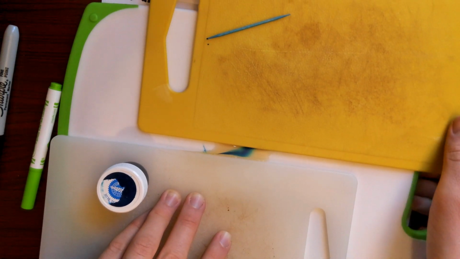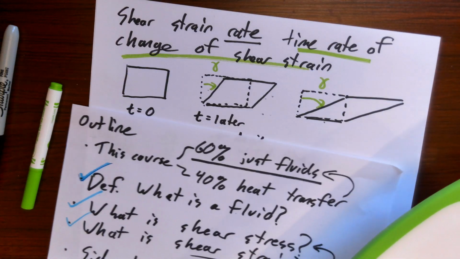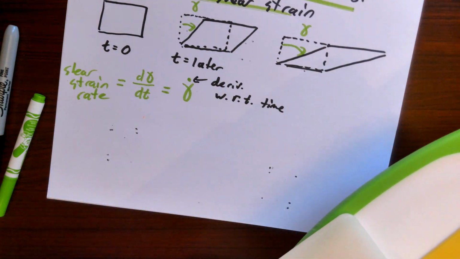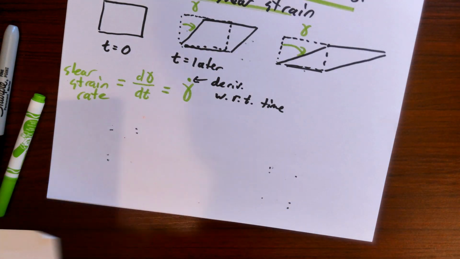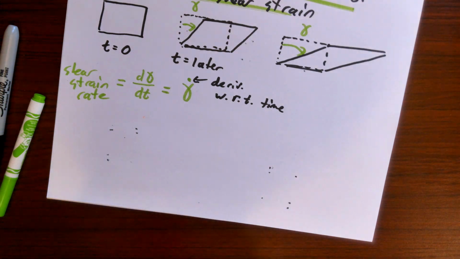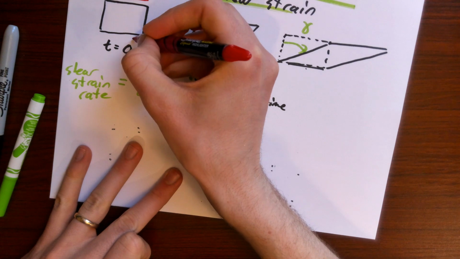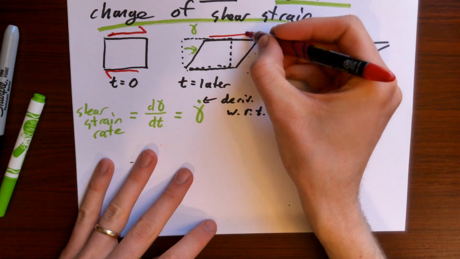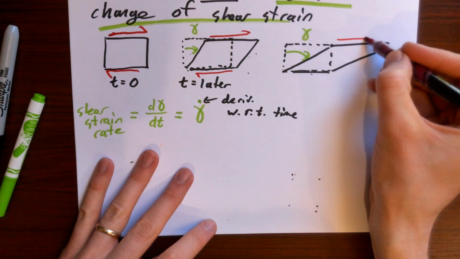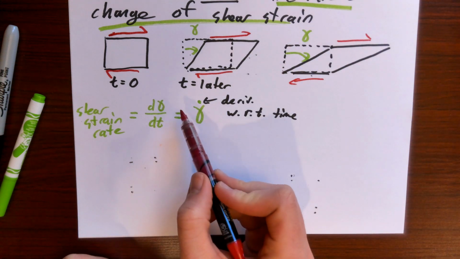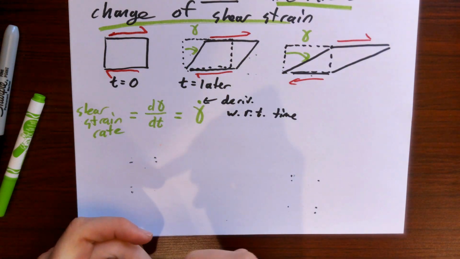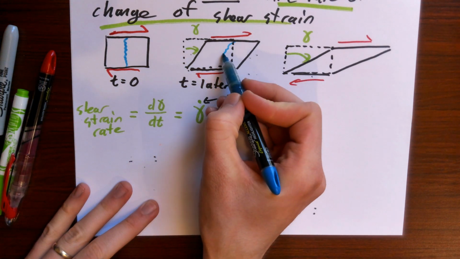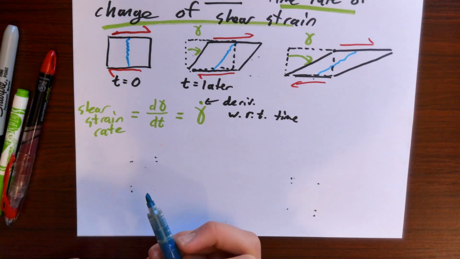So, this demo with honey is supposed to recapitulate this picture that I'm talking about here, where when I'm applying some shear stress, I get some shear strain. My hands were essentially applying, through the two cutting boards on the top and bottom, some shear stress that resulted in a shear strain rate, and that shear strain rate was signified by the angle that the little blob of blue food dye was making.